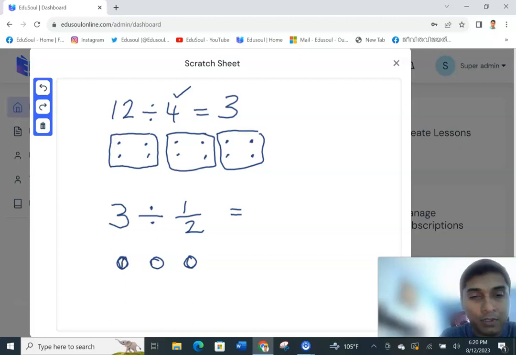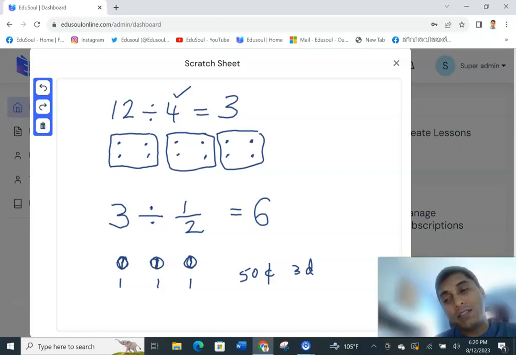So this one has 2, this one has 2, this one has 2. So there are 2 halves in one, another 2 halves in another one, another 2 halves in another one. Or else you ask the same question, how many 50 cents are there in $3? There are 6.